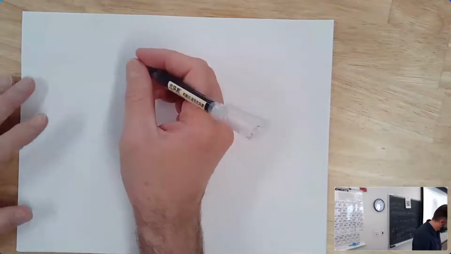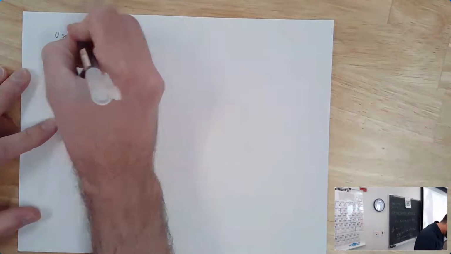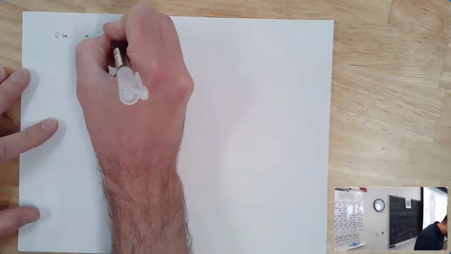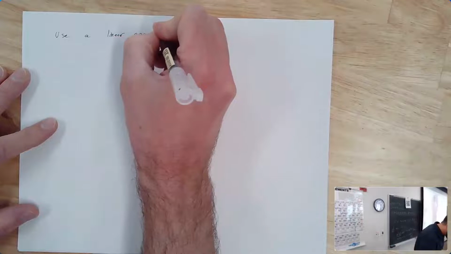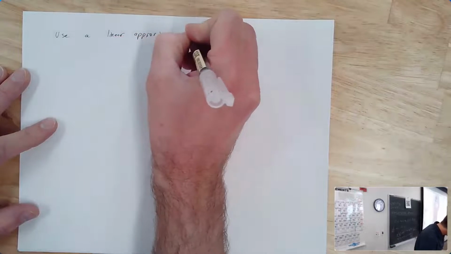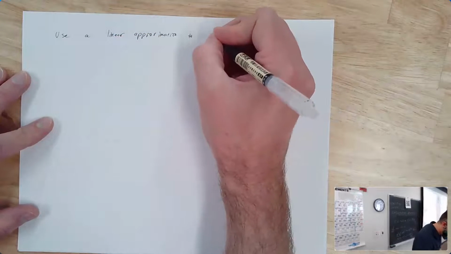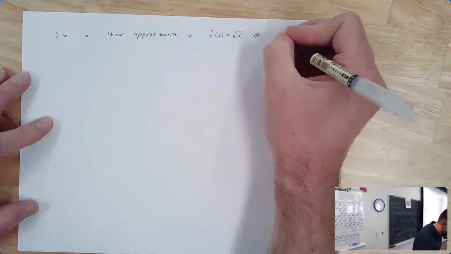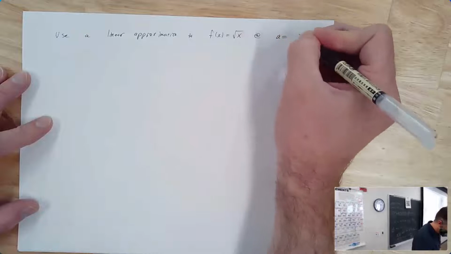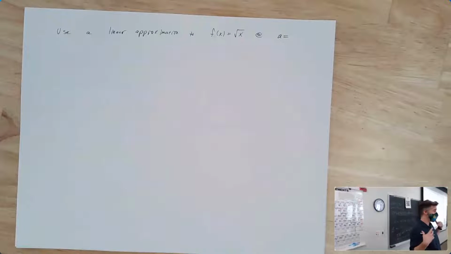So let's look at this example. Let's use a linear approximation, also known as a linearization, to the function f of x equal to the square root of x at a equal to the value that we're going to pick if we're not told it, which should always be a value that's easy to plug into the function.